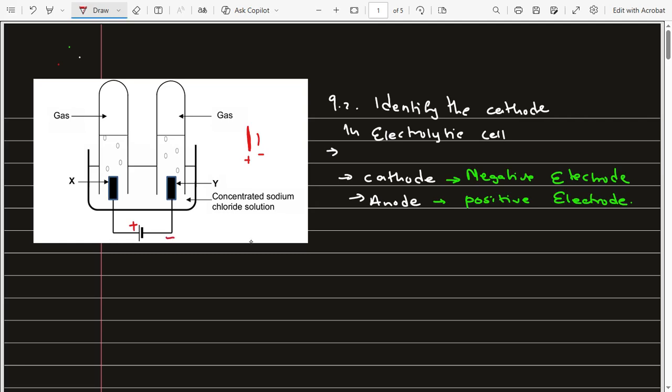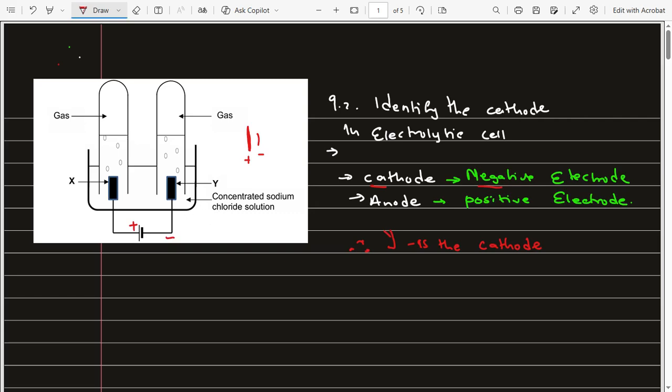Therefore, we can conclude that Y is the cathode. Remember, the cathode is the negative electrode, and Y is the negative one.